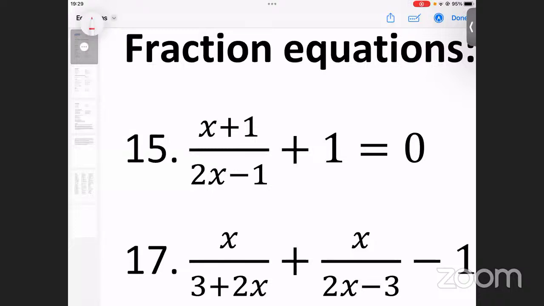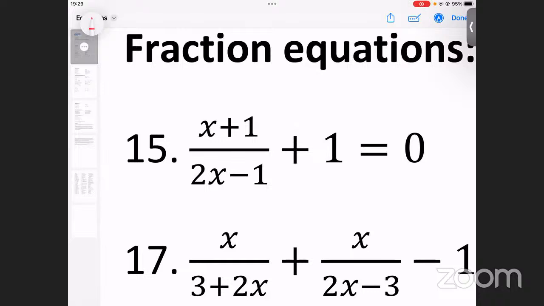So, you can say you will find the LCD, and then you take your 2x minus 1 as your LCD, then you multiply each term by that LCD. Then the first one, yes, it will cancel. That other one will remain as your LCD, and then you equate it to 0, because anything multiplied by 0 is 0.